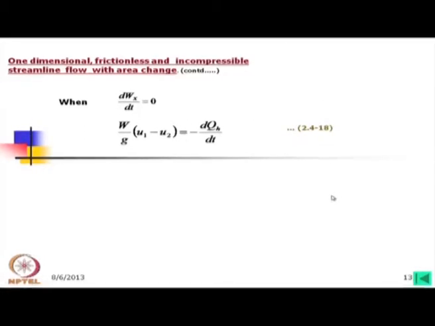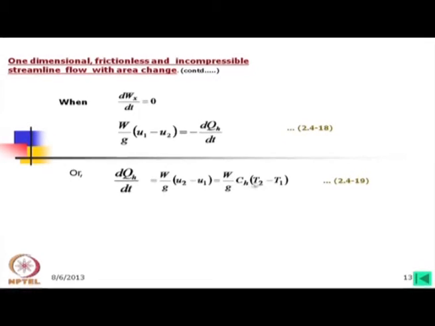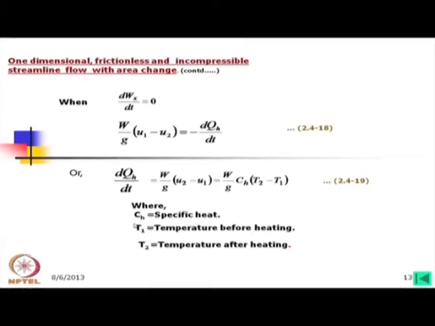Obviously, we have considered z1 is equal to z2. And we can write dQH by dt is equal to W by G (u2 minus u1) is equal to W by G CH (T2 minus T1), whereas CH is the specific heat, T1 is the temperature before heating and T2 is the temperature after heating.